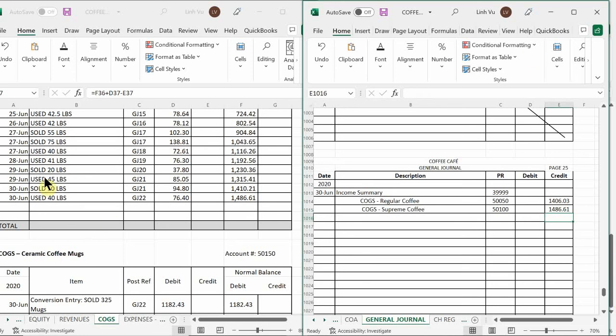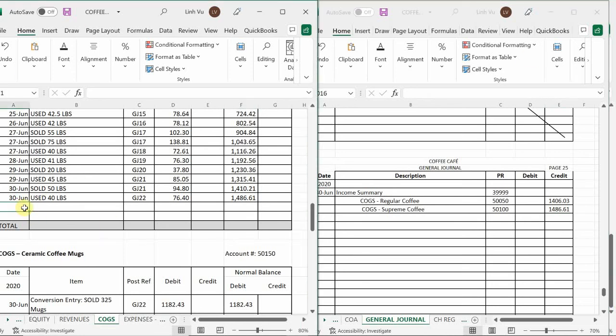Okay, and we're going to close this out. Oh, we're on page 25 now. And we're going to zero this out by 1486.61. And that should make the account balance to 0.